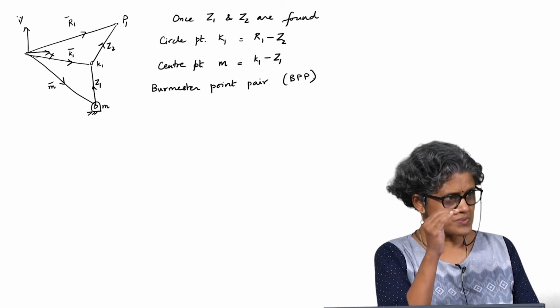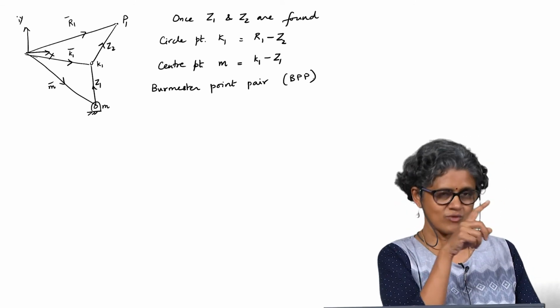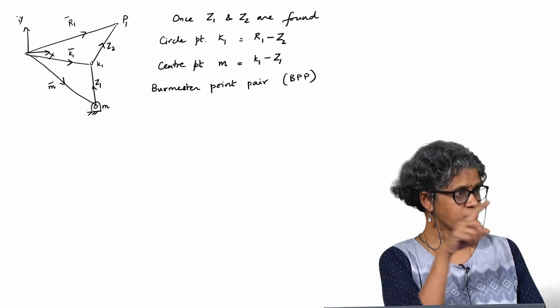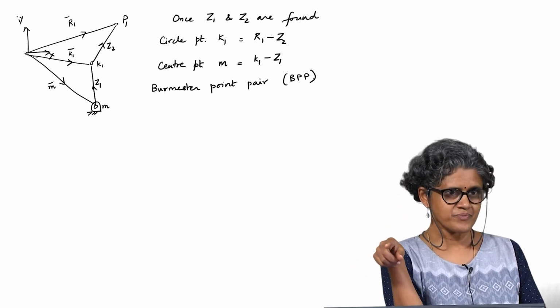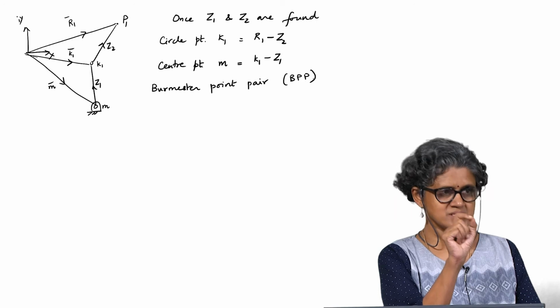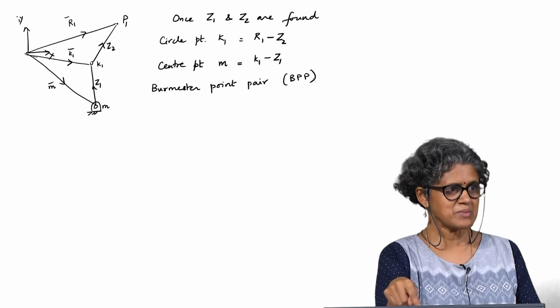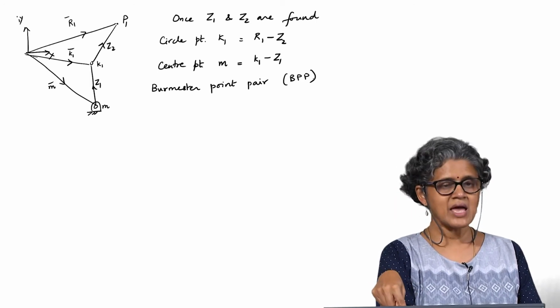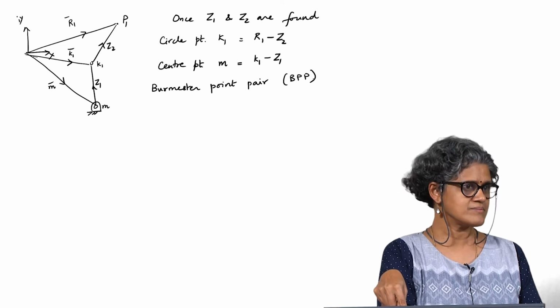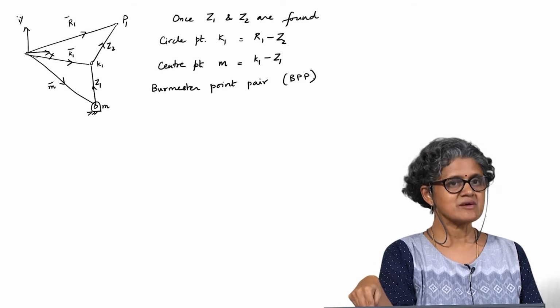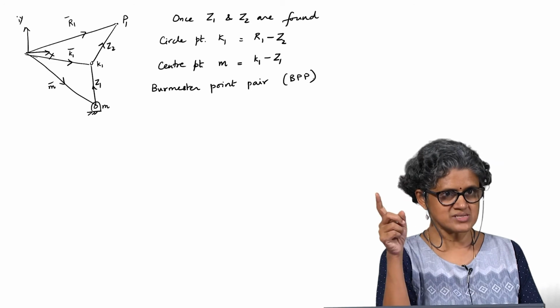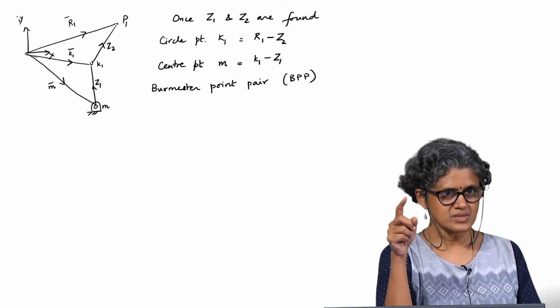So, once I draw the curve of all possible circle points, once I choose a circle point, which means I specify my K1, then M becomes completely determined, because M equals K1 minus Z1. I have solved for Z1 and Z2. Okay.